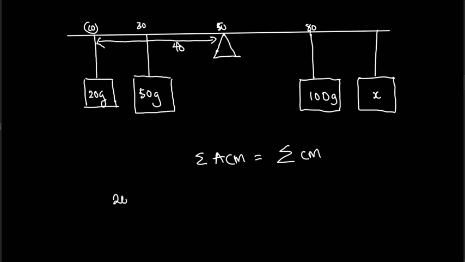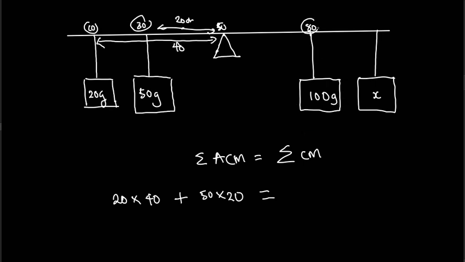So the moment for the 20 gram is 20 times 40. So we add that to the other one, 50 at 30 cm mark. The distance between that and the fulcrum is going to be 20 cm. So we add that, 50 times 20. That is equal to, we take the clockwise moments now.